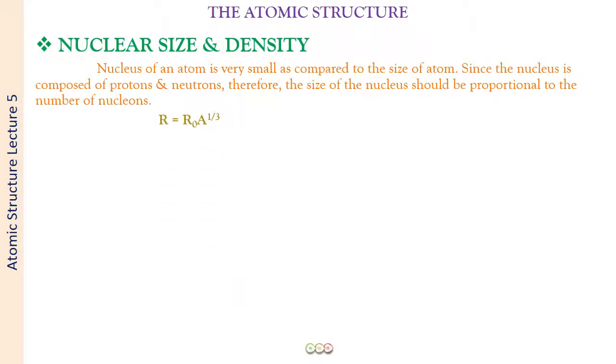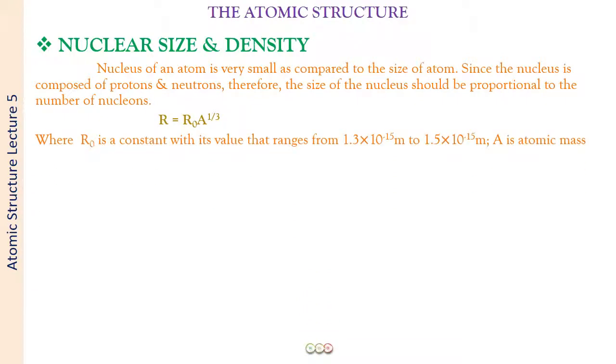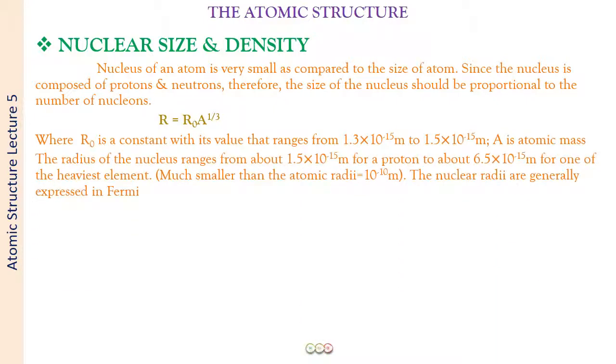And we have a relation: r, the radius of the nucleus, is equal to r naught A to the power 1 by 3, where r naught is a constant with a value ranging from 1.3 into 10 power minus 15 meter to 1.5 into 10 power minus 15 meter, and A is the atomic mass. This is an important relationship between the atomic mass of an element and the radius of the nucleus. So please do remember it.